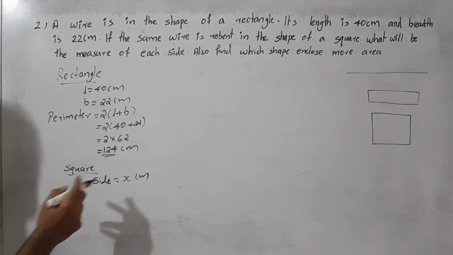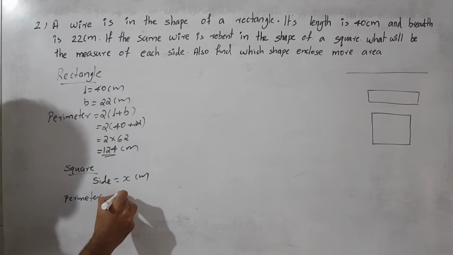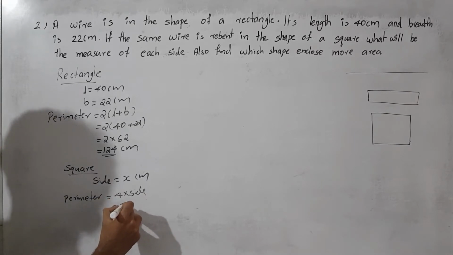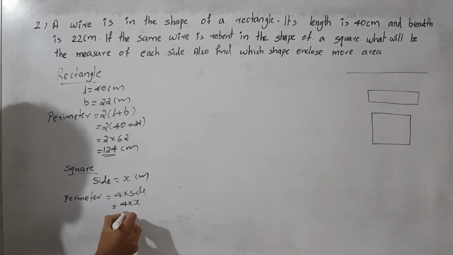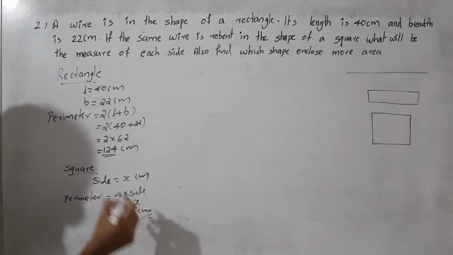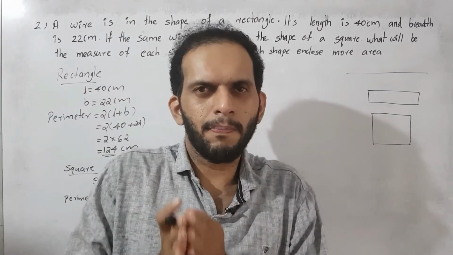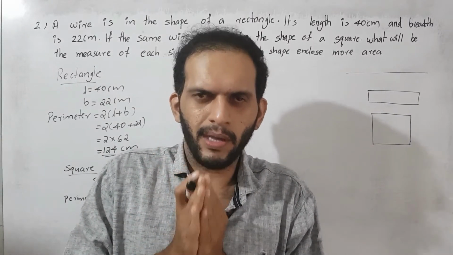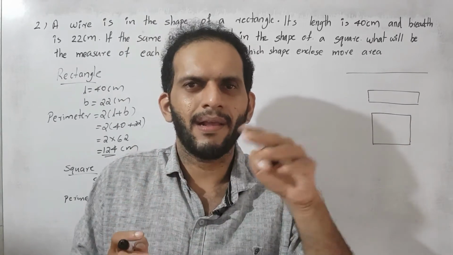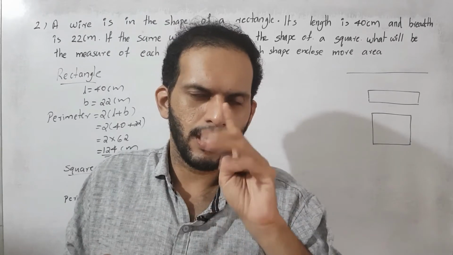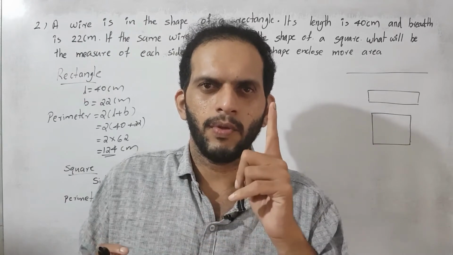If we know the side measurement, then what is the equation of the perimeter? Perimeter is equal to 4 into side, and the side we took as x, so 4 into x is equal to 4x centimeter. Then what is the idea? In both cases we find the perimeter. That perimeter is equal to the length of the wire. അല്ലേ, രണ്ടും എന്തിനെയാണ് ഡിനോട്ട് ചെയ്യുന്നത്? പെരിമീറ്റർ രണ്ട് കേസിലും വയറിൻ്റെ ലെങ്ത്തിനെയാണ് ഡിനോട്ട് ചെയ്യുന്നത്. So here we use only one wire for making the square and rectangle, so the length of the wire is equal.